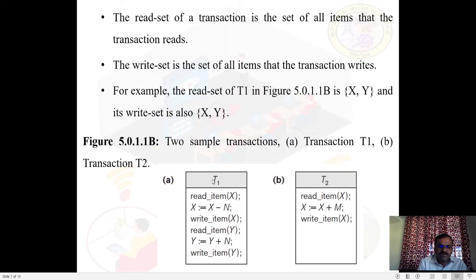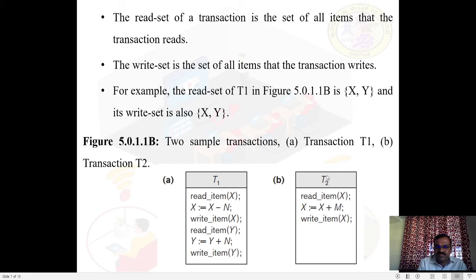In transaction T1, read_item(X) reads the value of item X. X = X - N, subtracting some value from X, and the value of X is updated, and then write_item(X) writes the updated value of X. Again, read another value Y, update the value of Y by adding some value, and then write the updated item.